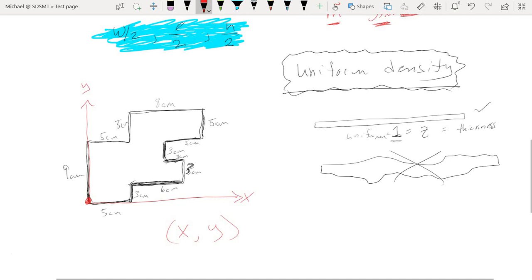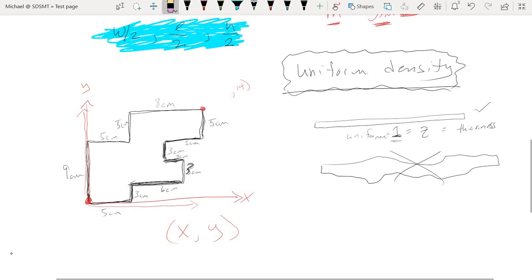And so now if I had to define the position of this other corner over here with respect to the origin, I could do that now. That would be 13, 14. So I just add up everything along the x-axis until I get out there, and everything on the y-axis until I get up there.